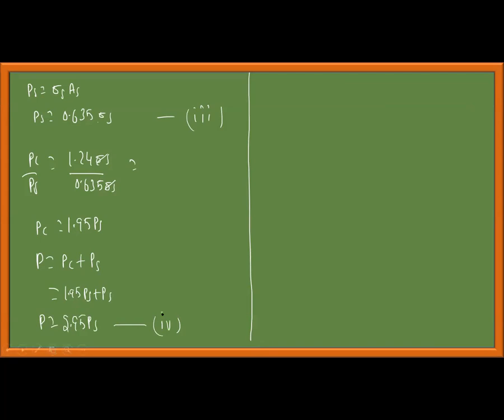Okay. Next, I can write PS is equal to P by 2.95, or PC is equal to 1.95 PS, or PC is equal to 1.95 into P by 2.95.